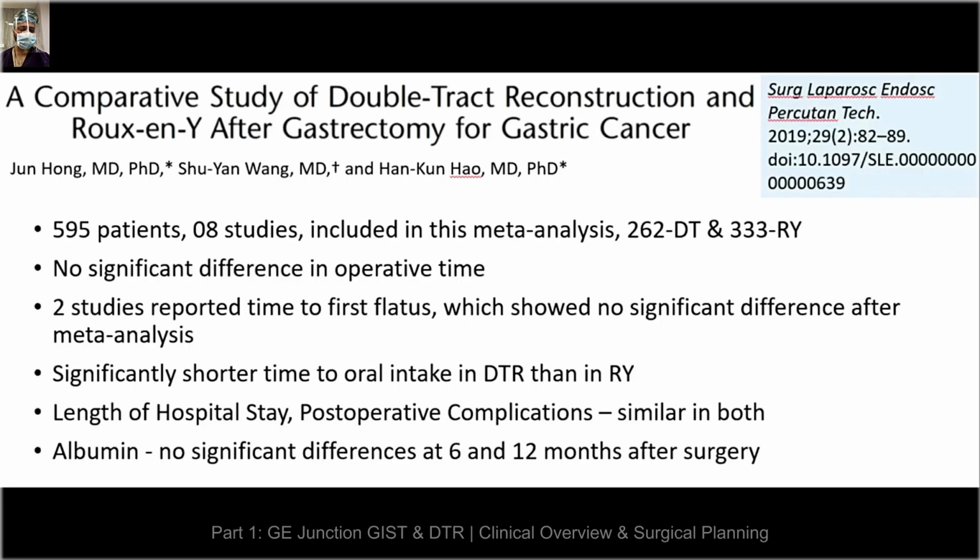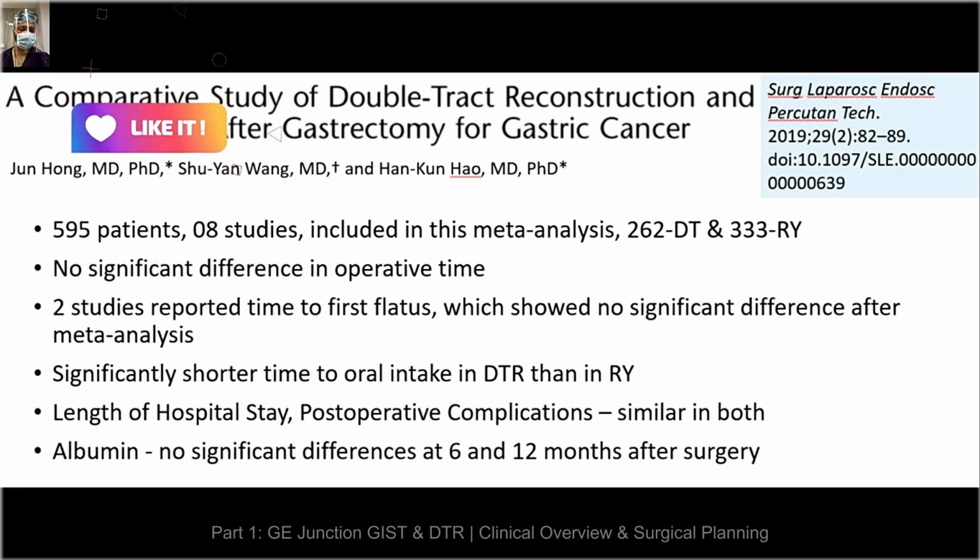This is a comparative study of DTR versus Roux-en-Y reconstruction after gastrectomy for gastric cancer. In this meta-analysis, 595 patients from 8 studies were included, 262 were DTR and 333 were Roux-en-Y.